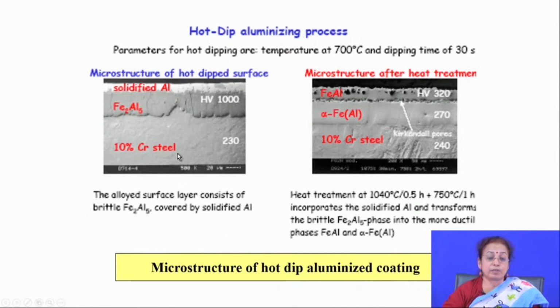For example, if there are defects in the cross section, then whenever it is exposed to a corrosive environment, there will be ingress of the corrosive fluid or oxygen through the defects, and then there is formation of an oxide or corrosive layer on the surface.